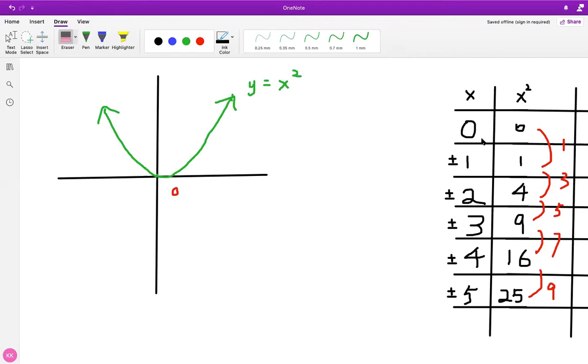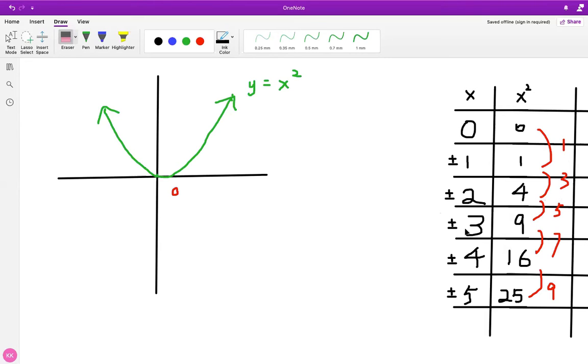Basically, I need to know how much the y value increases when x increases from 0 to 1 to 2 to 3 to 4 to 5. If I increase x from 0 to 1, the y value increases by 1. When x increases from 1 to 2, the y value increases by 3. When x increases from 2 to 3, the y value increases from 4 to 9, which is 5 units apart.